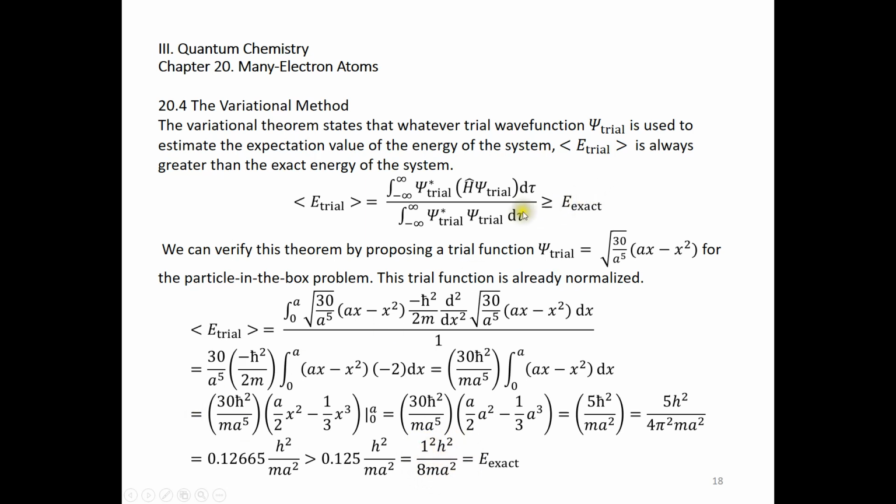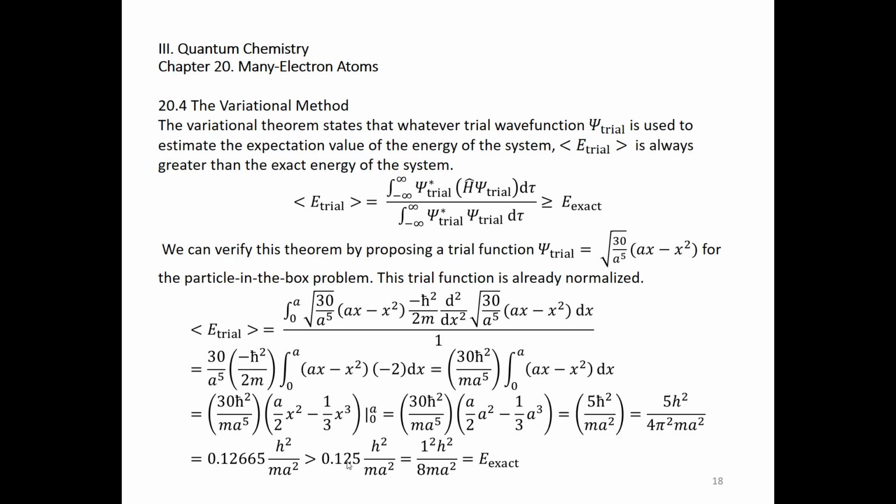So we proposed a trial function. We get the trial energy, and the trial energy is indeed greater than the exact energy over here. So this is just a numerical example that shows that the trial energy is always higher than the exact energy.